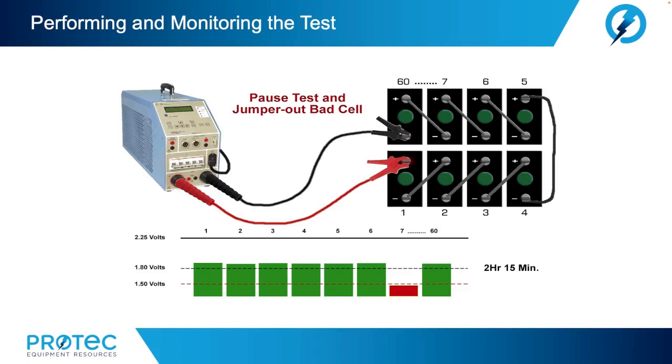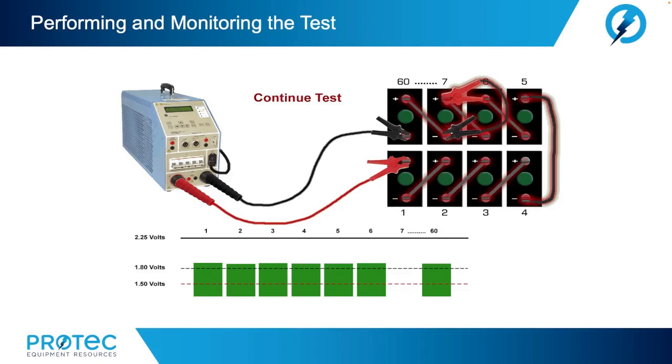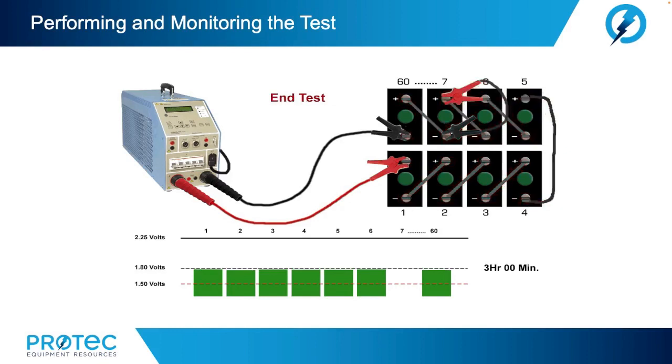During the course of the test, continue to monitor the individual cell voltages in order to identify any weak cells. Make sure that you record the time that any cell falls below the end voltage. The test should be stopped if any cell on a lead-acid battery falls below 1.5 volts.